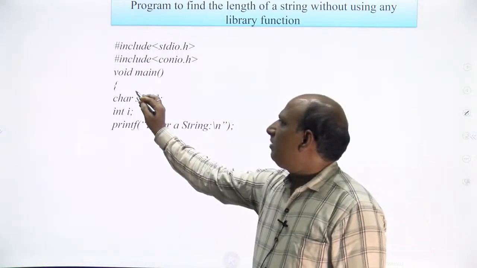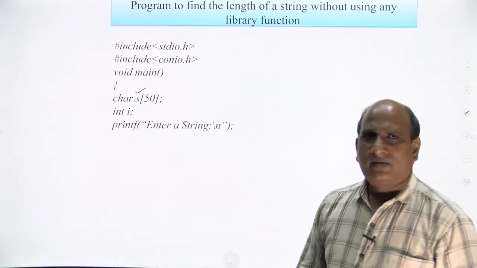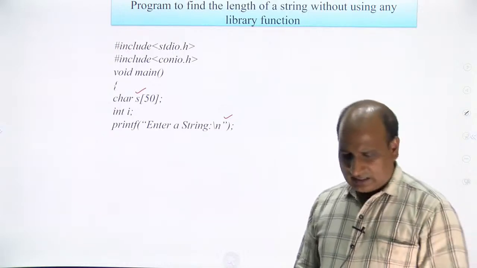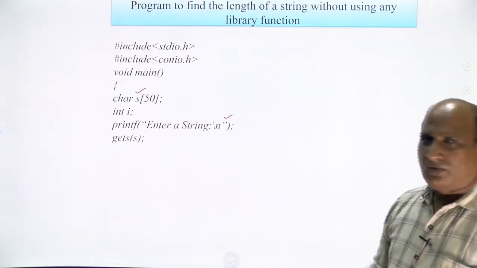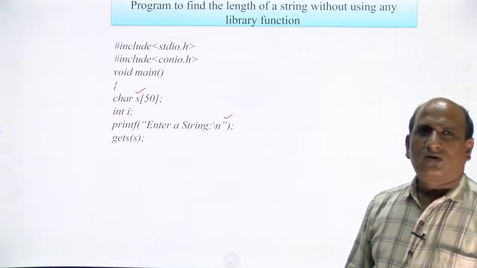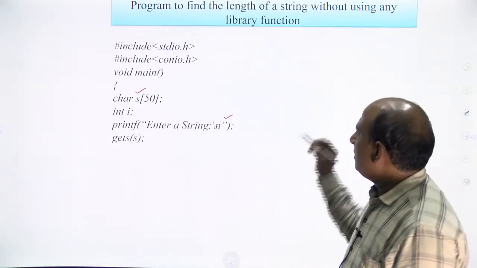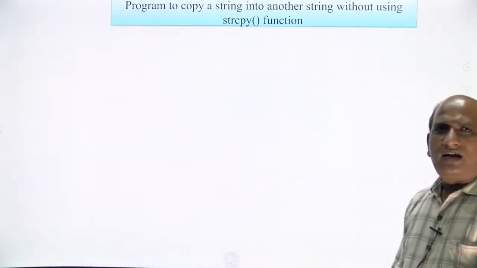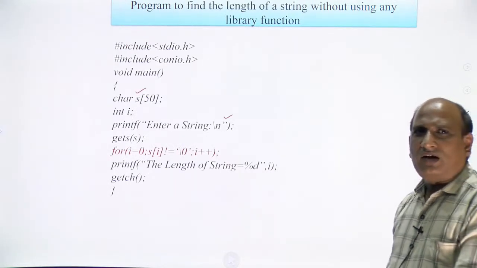Firstly I have created a character array s, written the message to enter a string, and that string has been input by the gets function into array s. Let's say the user enters the string programming.